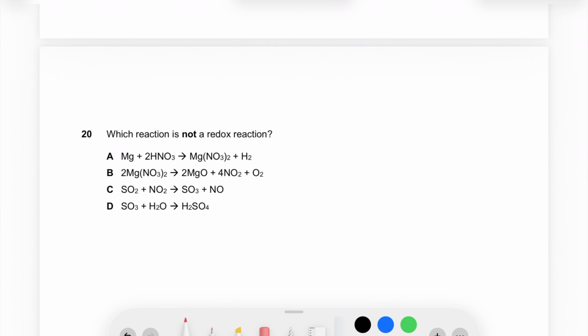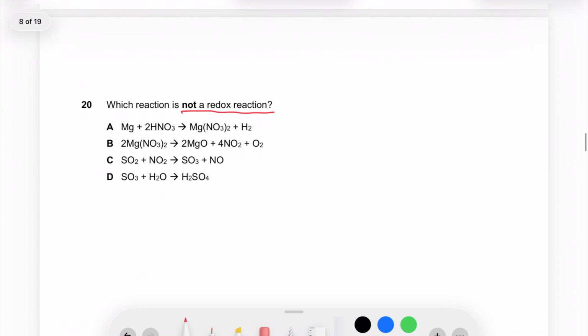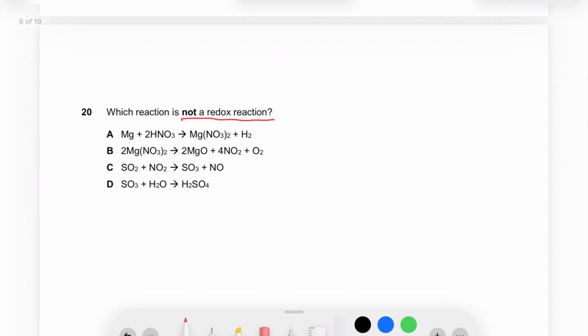Question 20. Which of the following is not a redox reaction? Okay, so you have to use oxidation number. That's the best. So let's say this is 0 element and magnesium is +2. So this is definitely a redox. And then nitrogen here is -2. Here oxygen, I mean, is 0. So this is actually a redox as well.